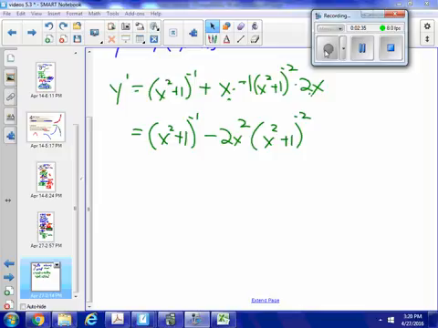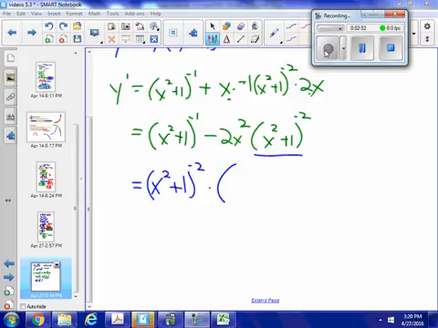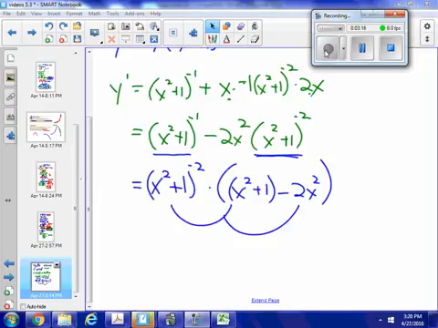To simplify it a little more, I'm going to factor out this (x squared plus 1) to the negative 2. That gives me (x squared plus 1) to the negative 2 times (x squared plus 1 minus 2x squared). You can work that out. Make sure you understand how I factored this out from both pieces by re-multiplying them in. That'll give you a good sense of how to do that.